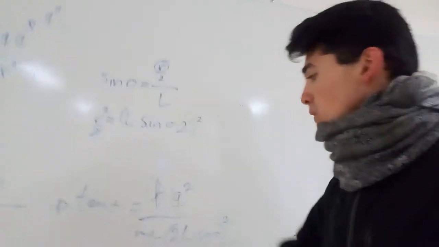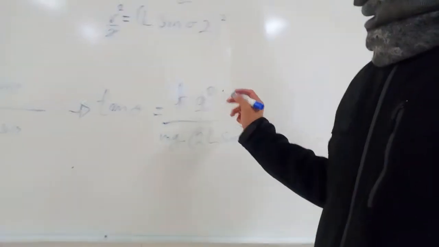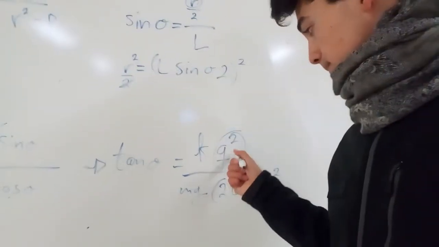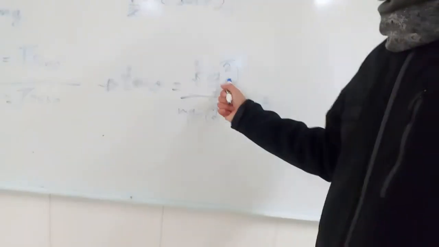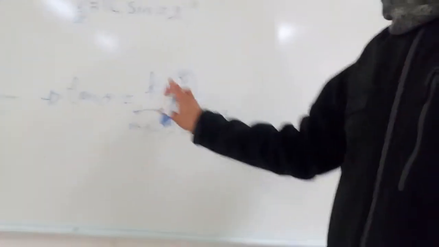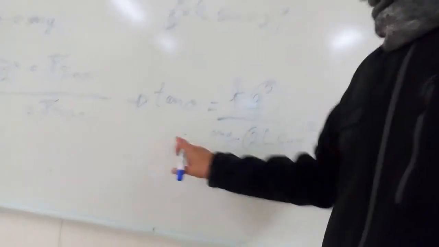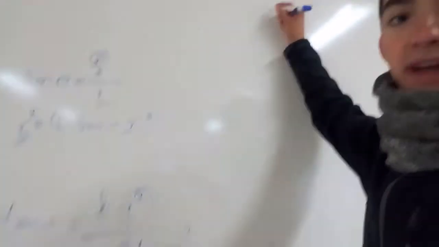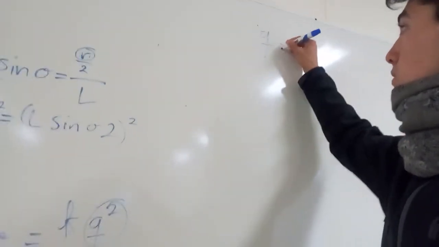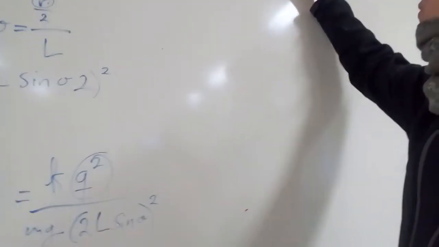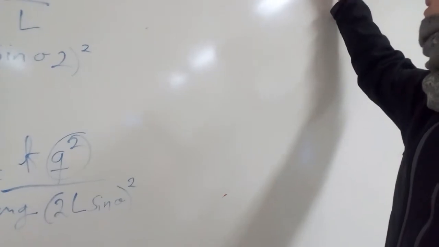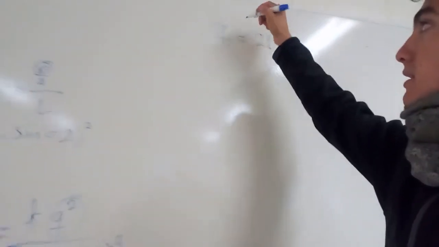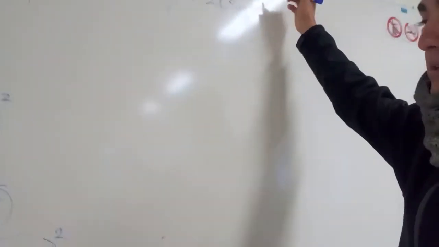Now we have this, but we want to know the magnitude of the charge Q. So for solving this one, we can pass the Q over here and all this part over there. So we will have that Q will be equal to 2 times L sine of theta, and the square goes over because we have it here and we cross it.